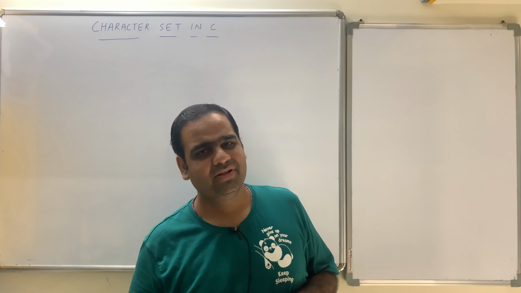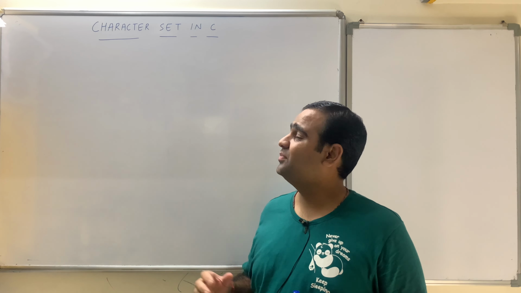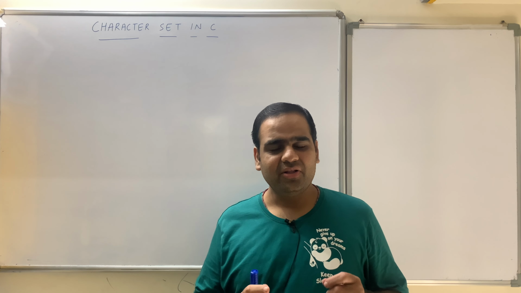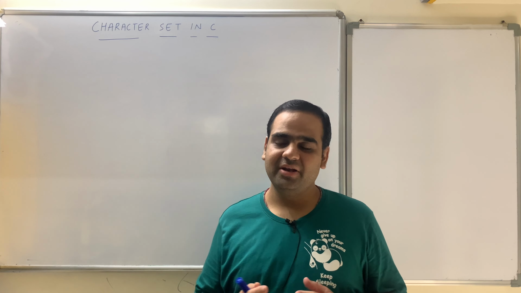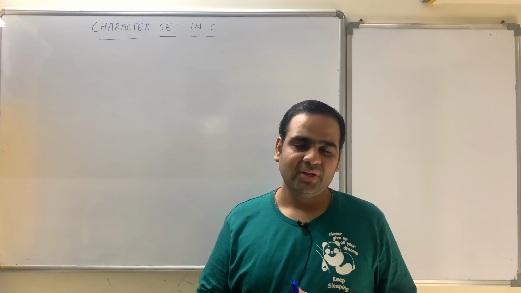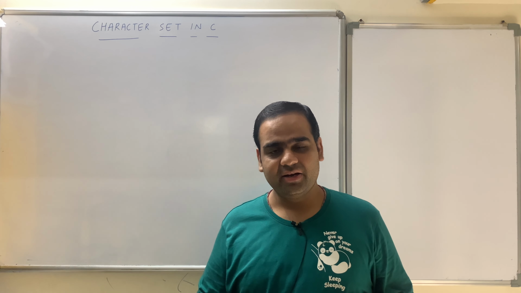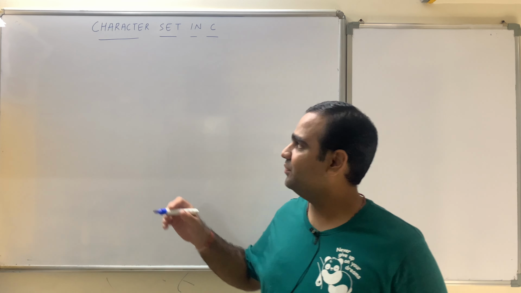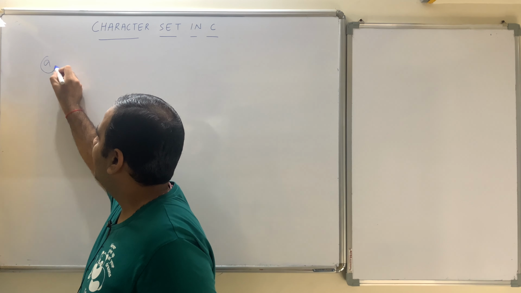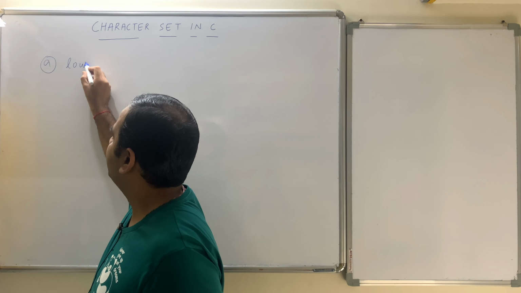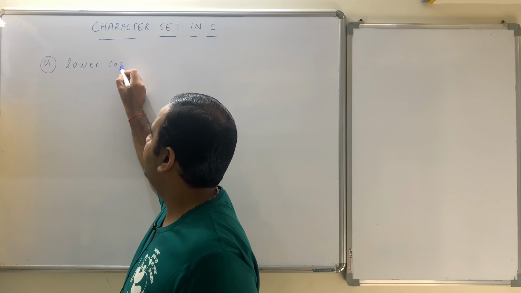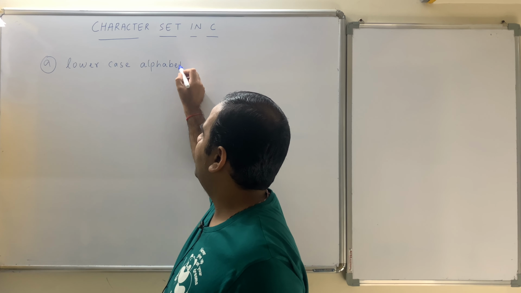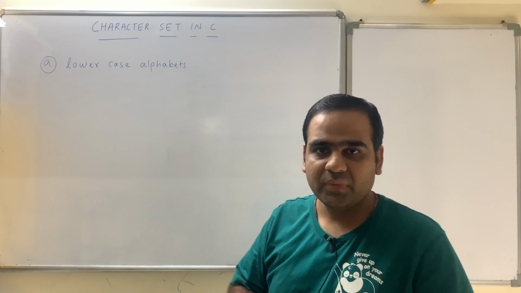Let us discuss the character set in the C programming language. Characters are the same as the alphabets in a natural language. There are different types of character sets in C, and the first thing that we have is lowercase alphabets.